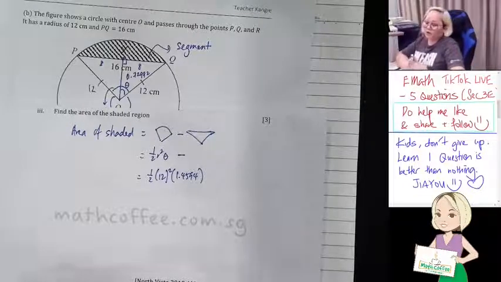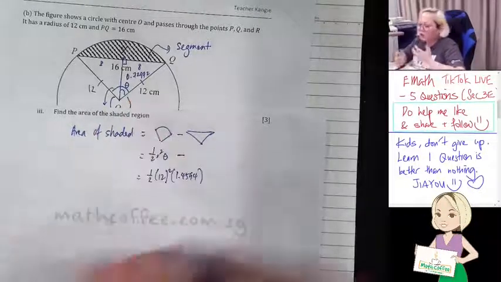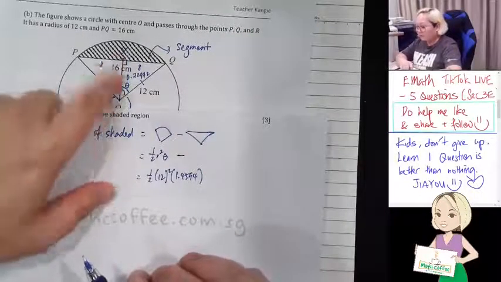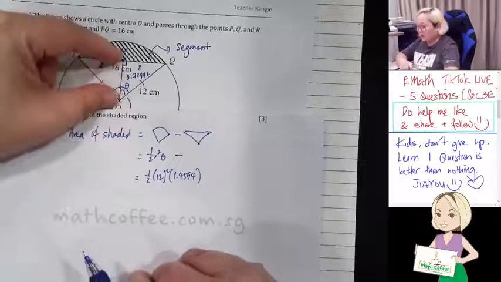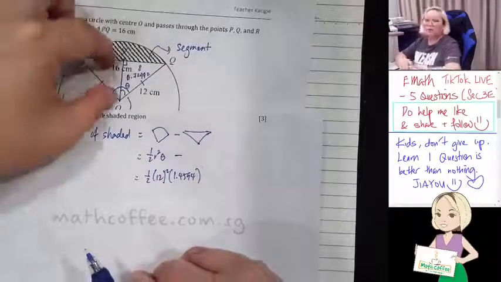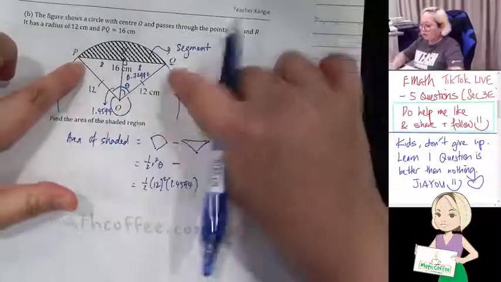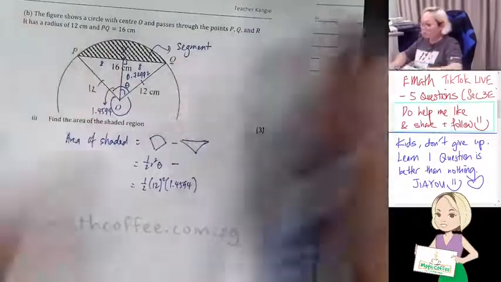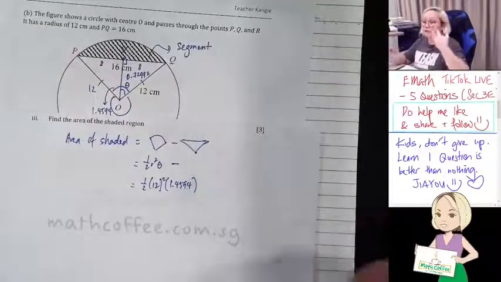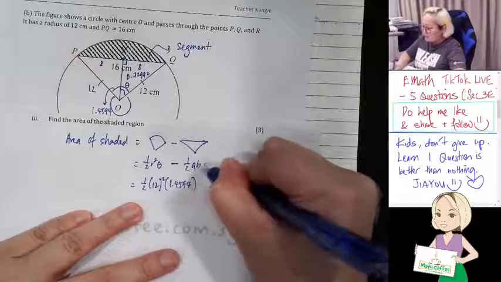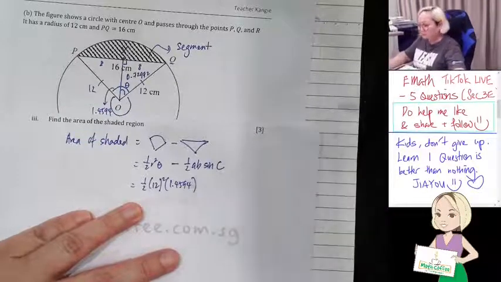If you are not using a sec 3 method, you will use Pythagoras theorem to find the height, and then use half times 16 times the height, and you still get the triangle. But since I already have 12 and 12, and I also have the included angle, I might as well just use half AB sin C.